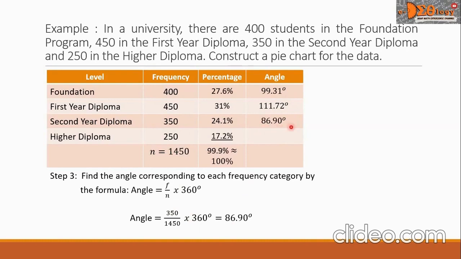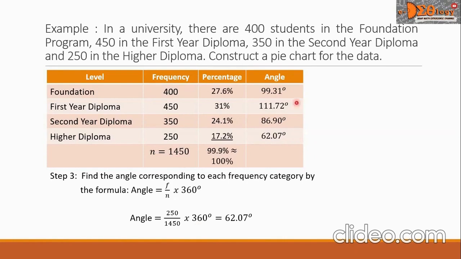This value comes from the 350 divided by 1450 times 360 degrees. And the last blank is equal to 62.07 degrees. This comes from 250 divided by 1450 times 360 degrees. And the value is written here.